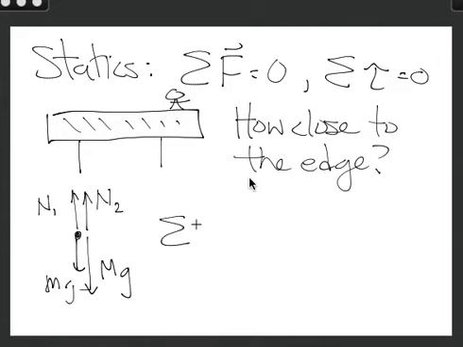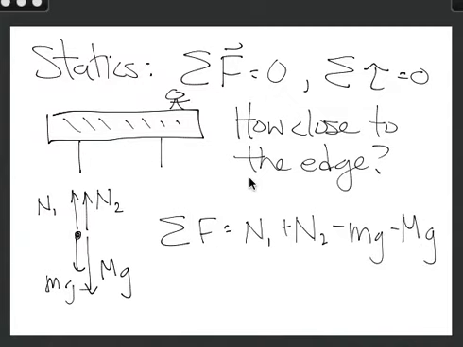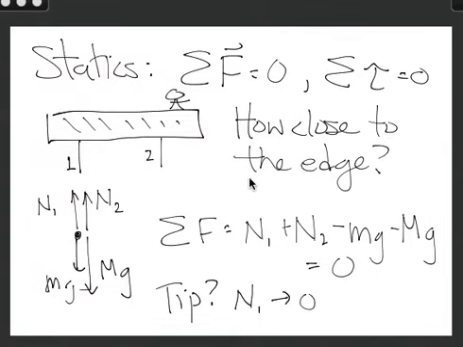So if we write down that the sum of the forces is, say, normal 1 plus normal 2 minus mg minus capital MG, and if it's all in equilibrium, that equals 0. Now when it starts to tip, that means that if it's going to tip over due to the weight of the person, if we call this leg 1 and this leg 2, it means that the normal force of 1 goes to 0.